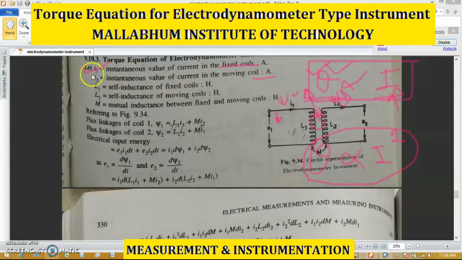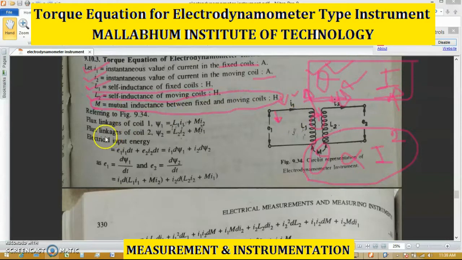The self inductance of the moving coil is L2, and of the fixed coil, that is the magnetic coil, is L1. So the currents are I1 and I2, the inductances are L1 and L2, and as there are two coils, there is a mutual inductance M between them.